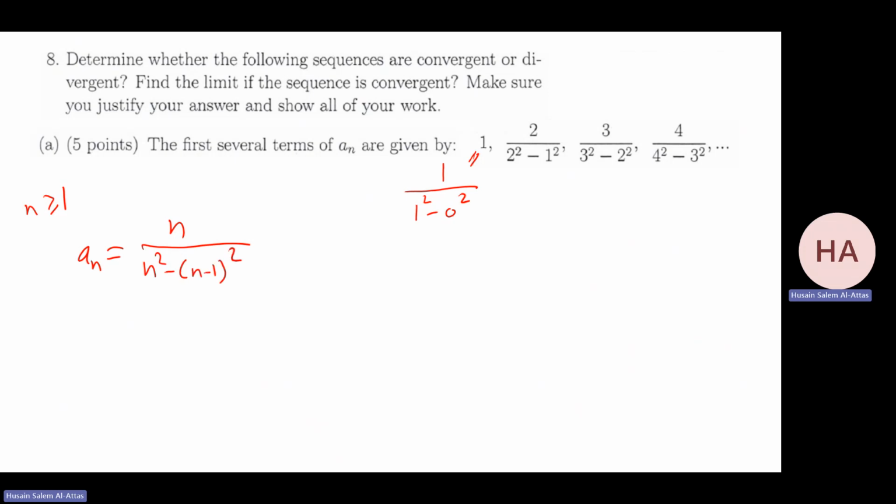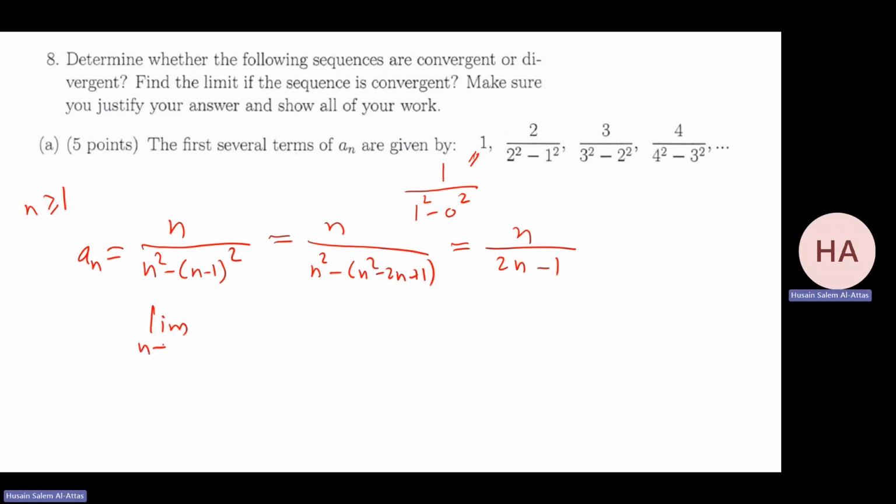Because at n equal 1, it will be 1² minus 0². At n equal 2, it will be 2² minus 1², and so on. That will be my sequence, which is n over n² minus (n² minus 2n plus 1). So that will be n over 2n minus 1.